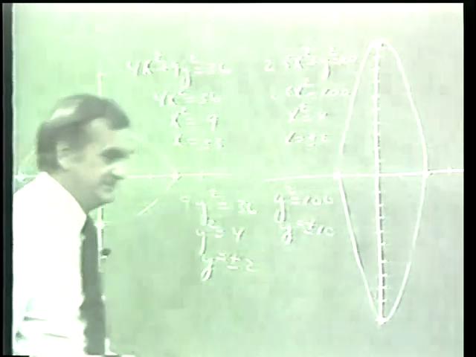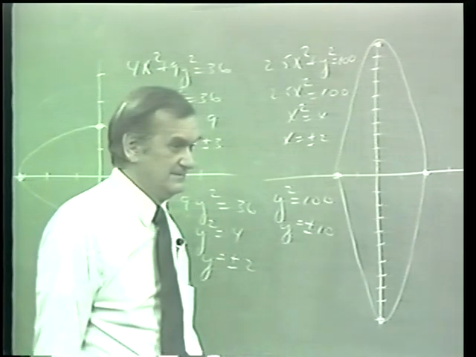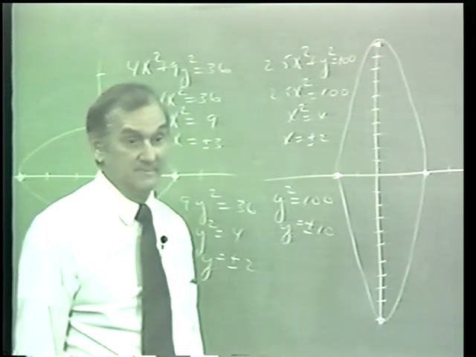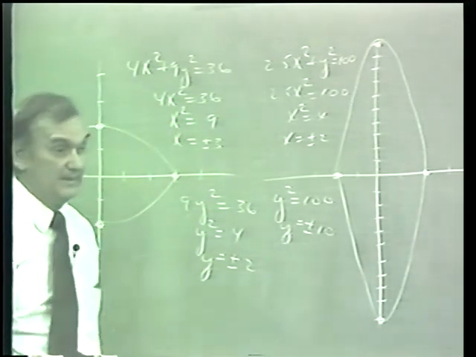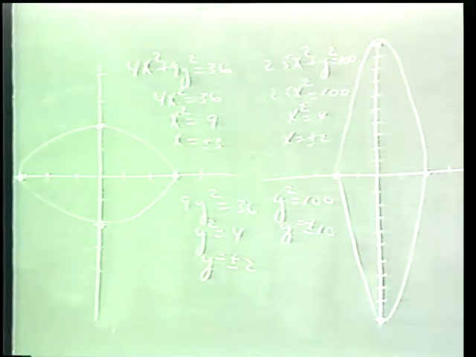How many, Patty? I got 6. You got 6. I got 6. Let's hope they're the same 6. Patty, which ones? 3, 4, 5, 6, 11, and 12. Beautiful. All those are ellipses. Those are the only ellipses on the page.